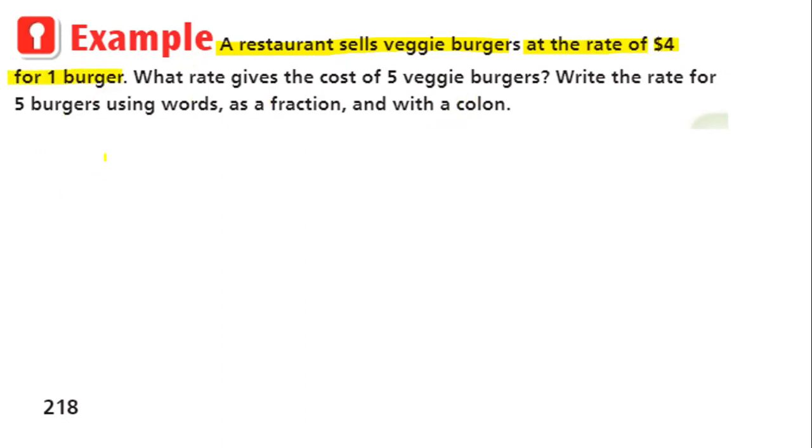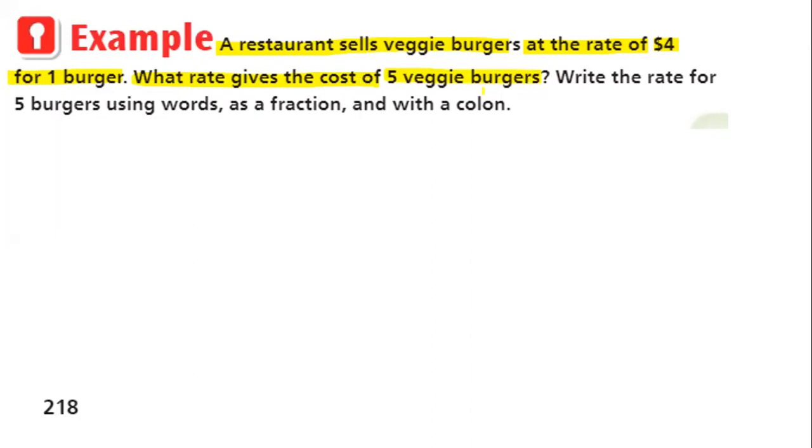So we understood the sentence: a restaurant sells the veggie burgers at the rate of $4 for each burger. What rate gives the cost of 5 veggie burgers?